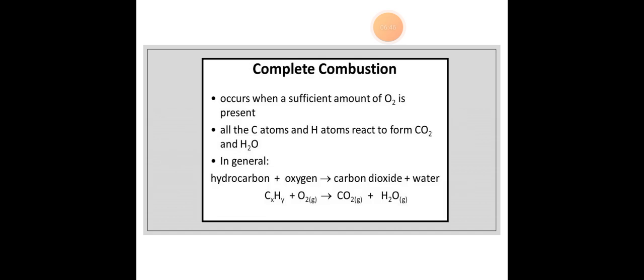Now, what is complete combustion? We have two types of combustion: complete combustion and incomplete combustion. Complete combustion occurs when a sufficient amount of oxygen is present. When we have more oxygen, all the carbon atoms and hydrogen atoms react to form carbon dioxide and water.